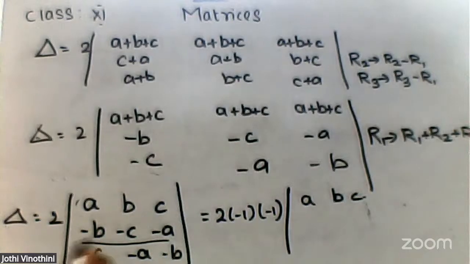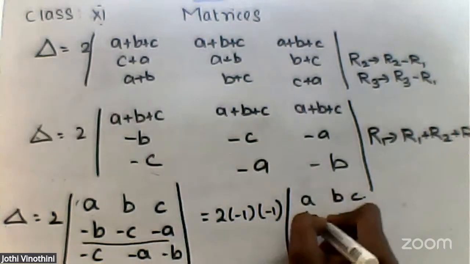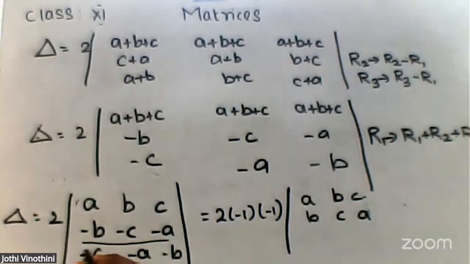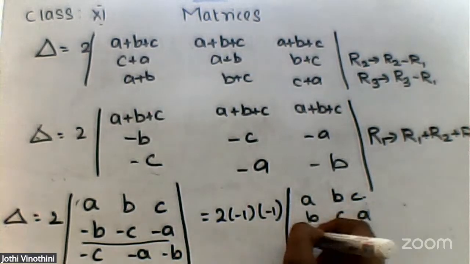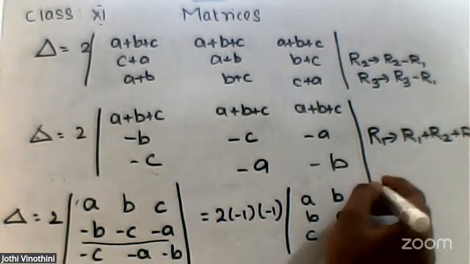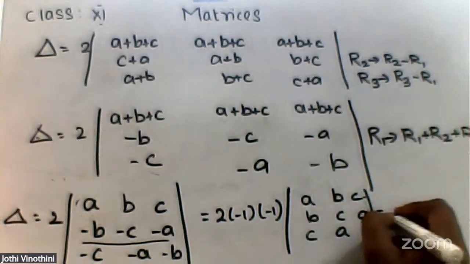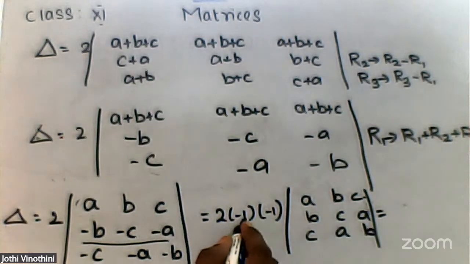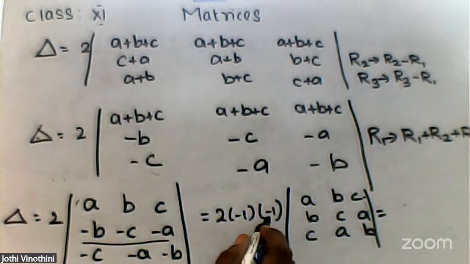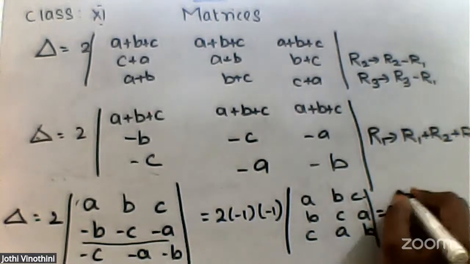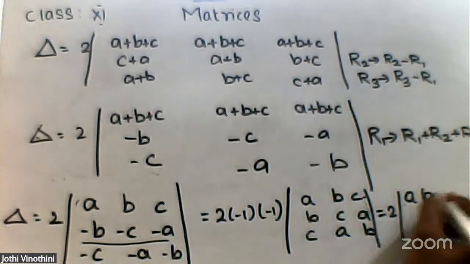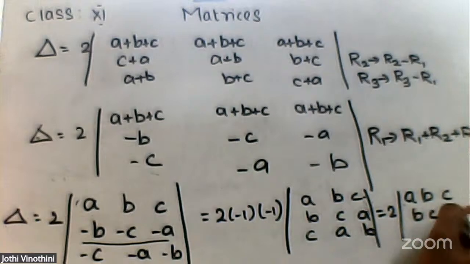In R2, we take the minus 1 out, so it becomes B, C and A. In R3 also we take the minus 1 out, so it becomes C, A and B. Clear? So it equals 2 multiplied by minus 1 and minus 1, which becomes plus 1. So it remains 2. And what we have? A, B, C, B, C, A and C, A, B.